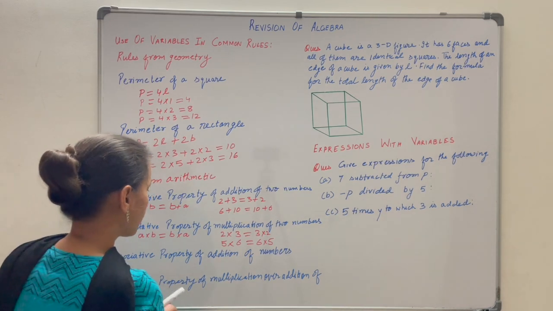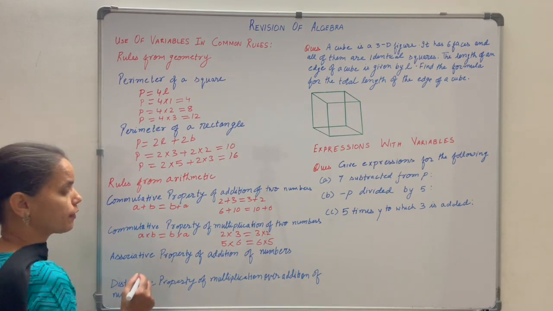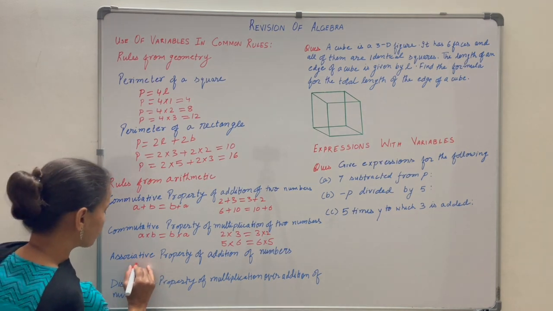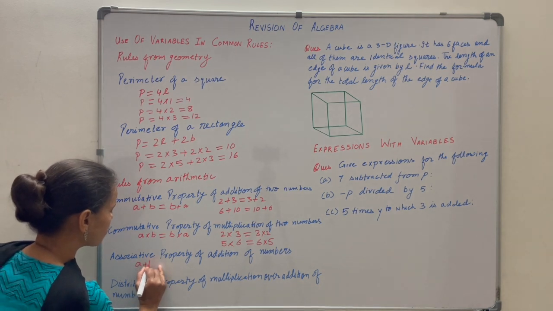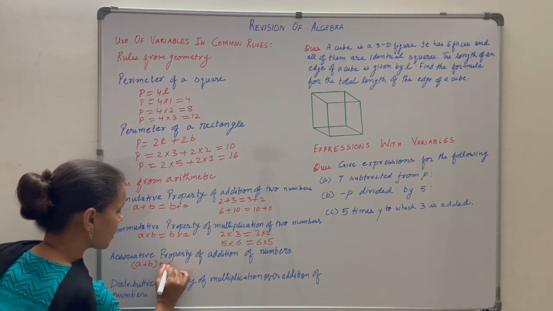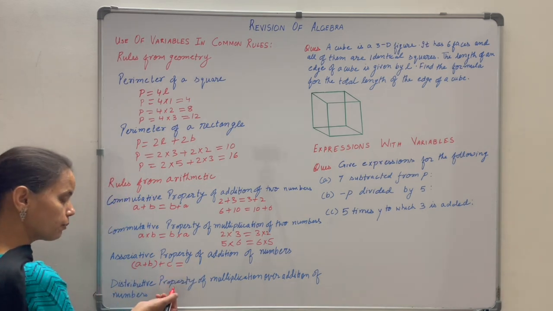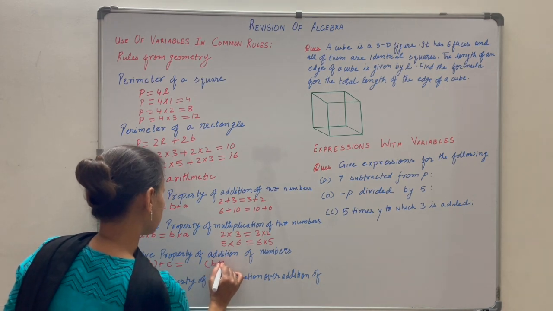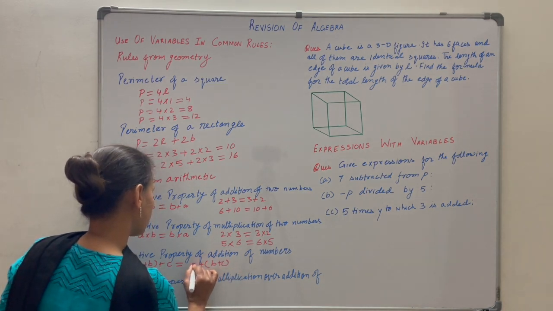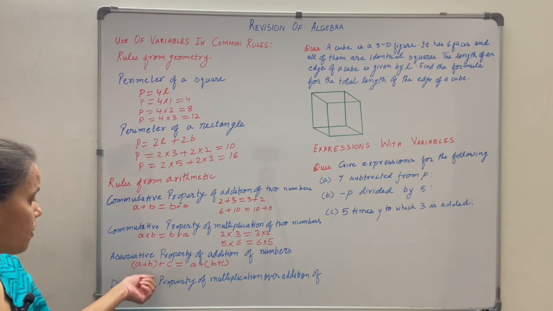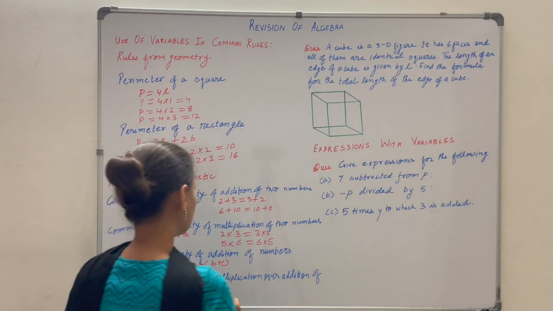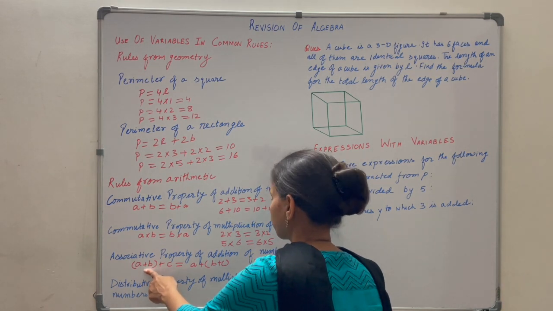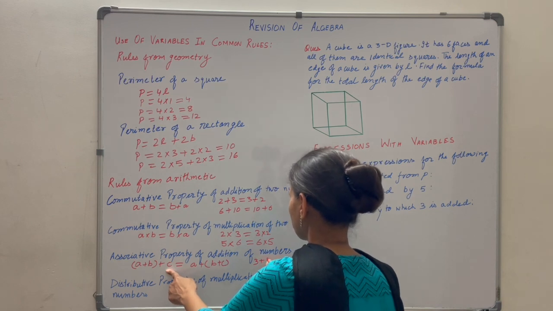Associative property of addition of numbers. If A, B and C are three variables, then what is the associative property here? You can add A and B first, then add the result to C. That will also be equal to adding B and C first, then adding the result to A. If you take A as 1, B as 2, C as 3: here, 1 plus 2 is 3, and 3 plus 3 is 6.